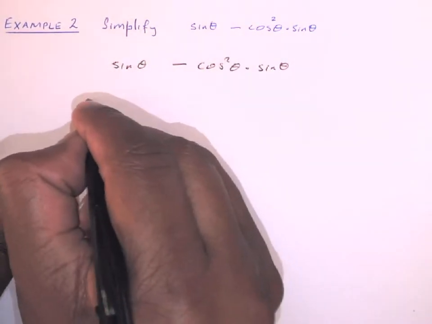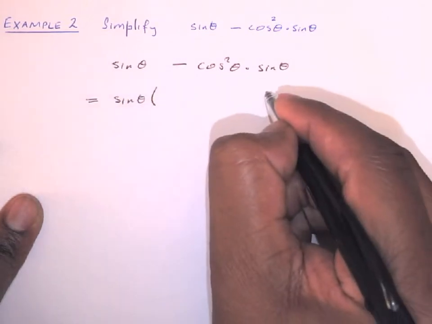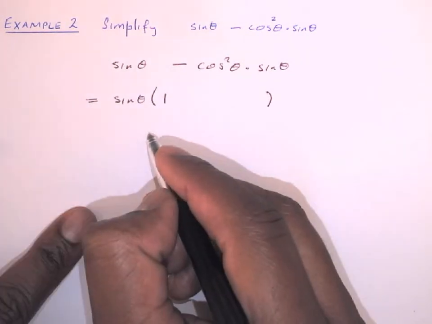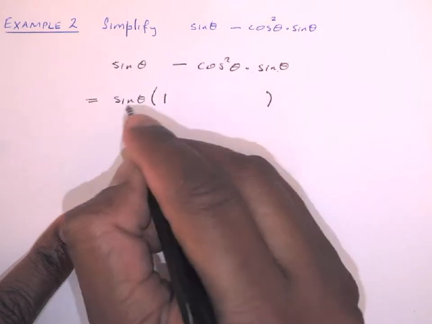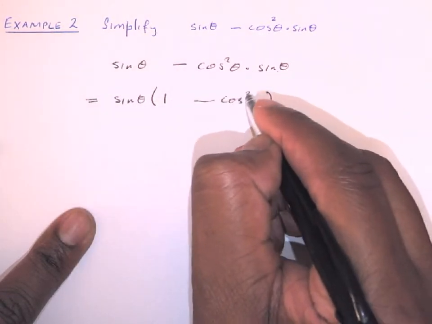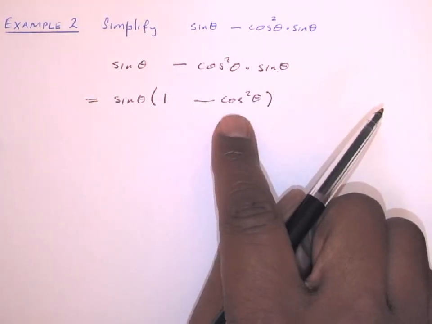So I can factorize this and say I've got sine of theta, open the bracket, close the bracket. So sine theta divided by sine theta gives us 1. The minus cos squared theta times sine theta divided by sine theta will give us minus cos squared theta. Now look at this, which is inside the bracket, something that's familiar.